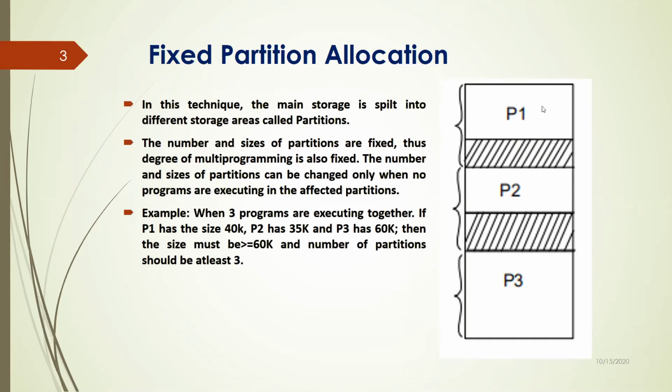These are said to be the partitions. So P1, P2, P3 are the processes: process 1, process 2, and process 3. An equal amount of memory has been distributed to the processes. So the number and the size of partitions are always fixed.